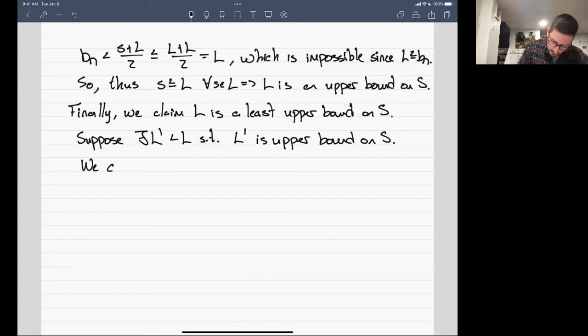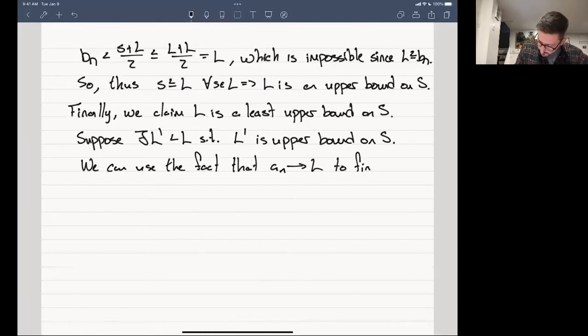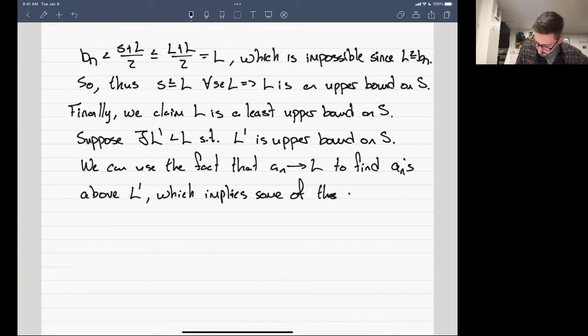We can use the fact that An is converging to L to find An's which are below every single S, or below at least some element of S. So we can find An's above L prime, which implies some of the An's are upper bounds on S. But this is impossible.